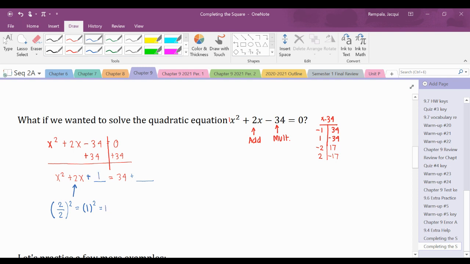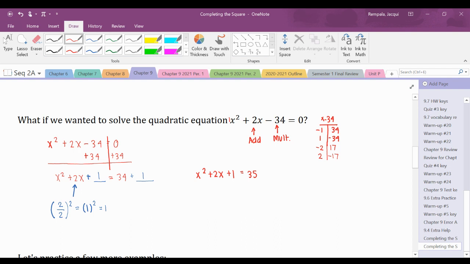So that's the number I'm going to add onto the left, which means that's the number I'm also going to add onto the right. By now creating this trinomial on the left-hand side, what we have is x squared plus 2x plus 1 equals, if I add on the right, 34 plus 1 is 35.